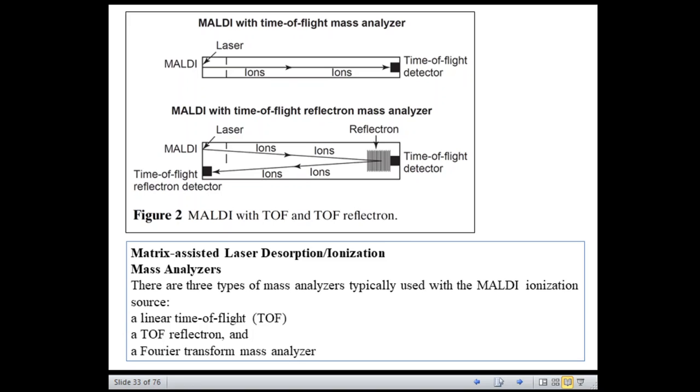That means a reflectron is used as an additional component when compared to the linear time of flight mass analyzer. So what is the advantage of using a reflectron? The reflectron serves to increase the amount of time the ions need to reach the detector.